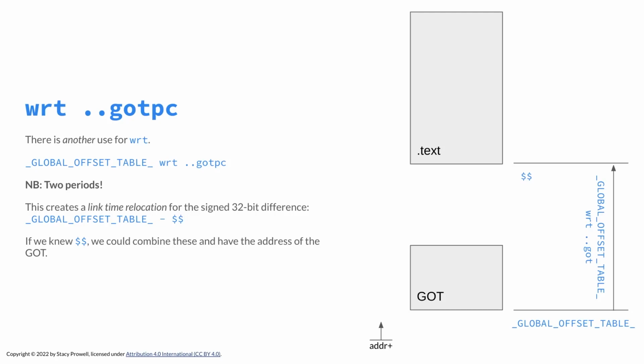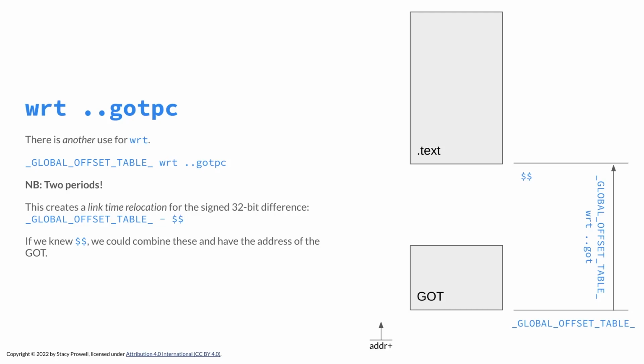If we knew either one of those addresses, we could get the other one. Right? See what I'm saying? If I knew the absolute address at the start of the text section, I could get the address of the global offset table.